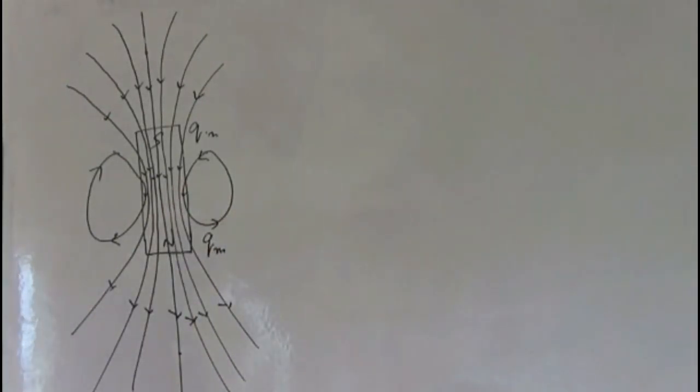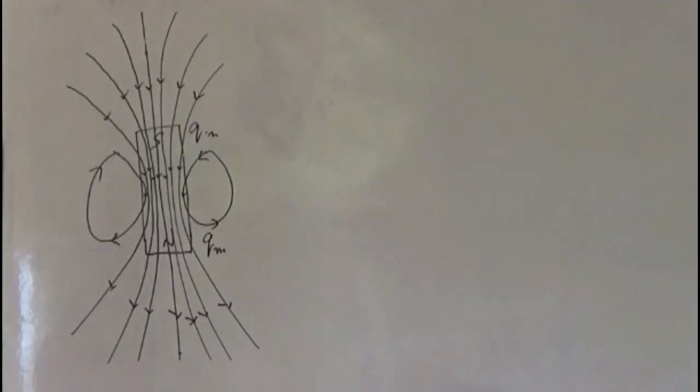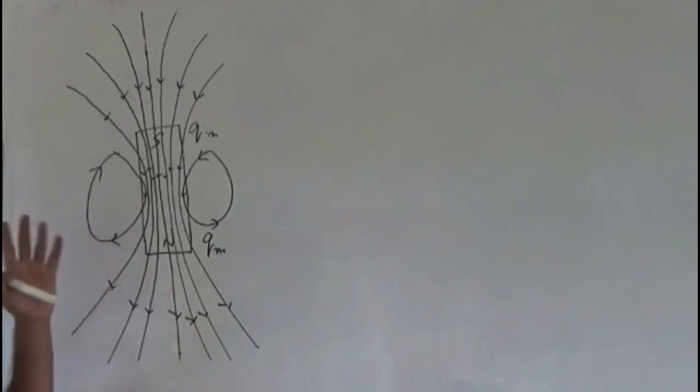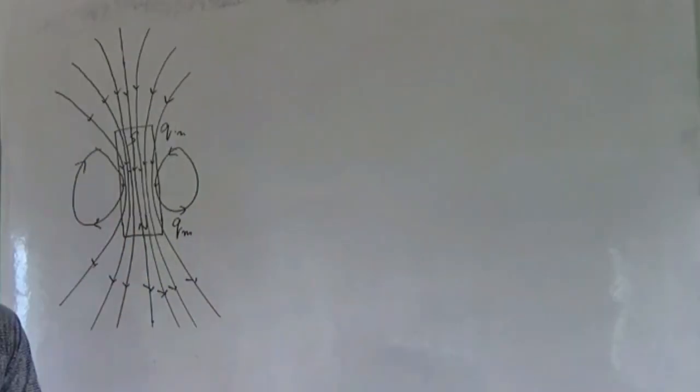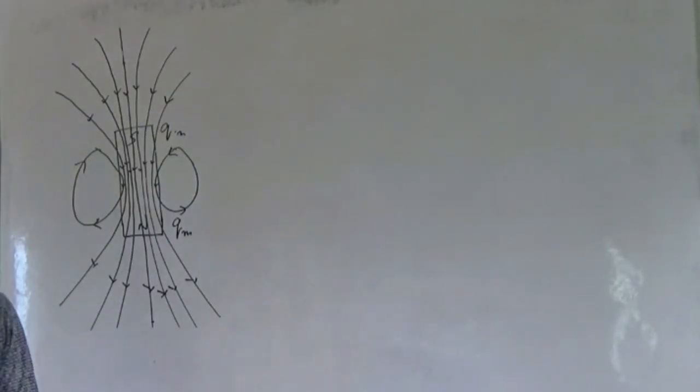See here, we have drawn some field lines due to a bar magnet or other magnetic dipole, and also these are the field lines for a solenoid. The magnetic field lines of a magnetic dipole or a bar magnet or a solenoid form continuous closed loops.